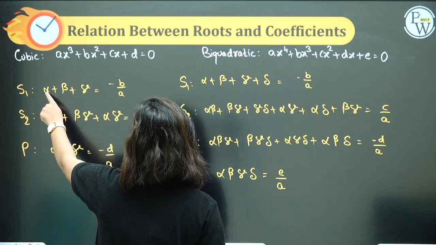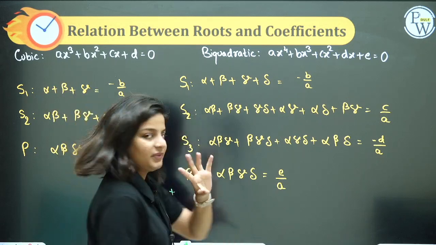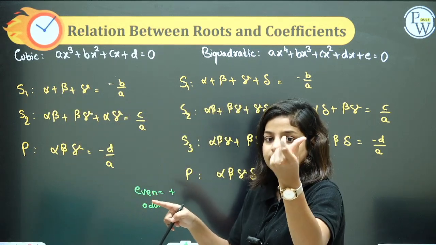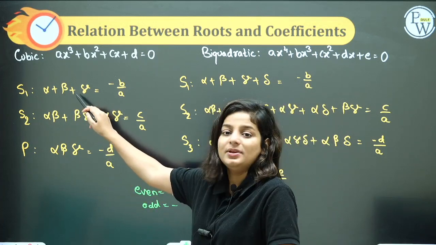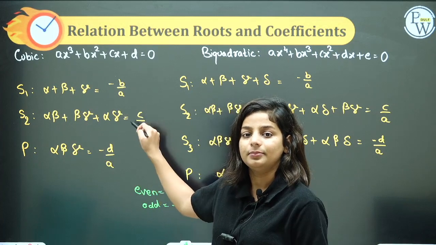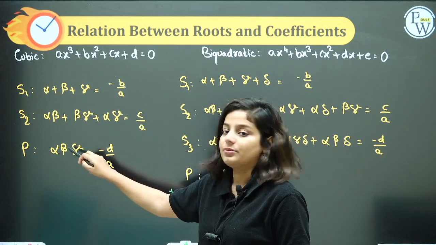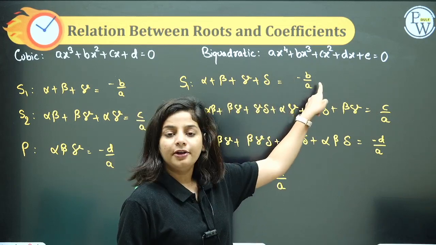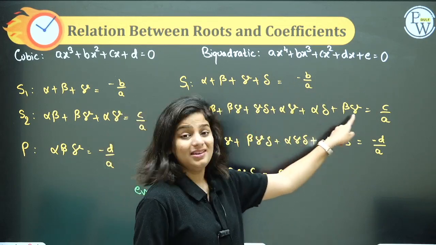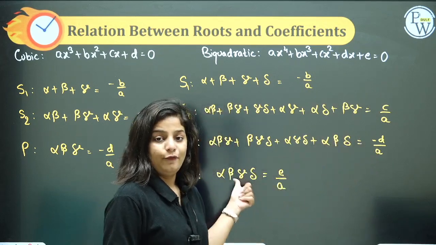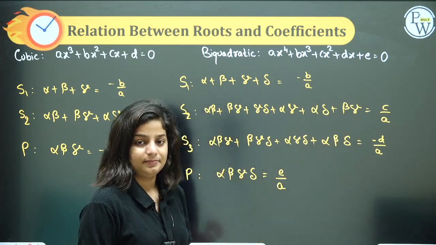Can you see? 1 term, odd, minus. 2 terms, even, plus. 3 terms, odd, minus. 4 terms, even, plus.